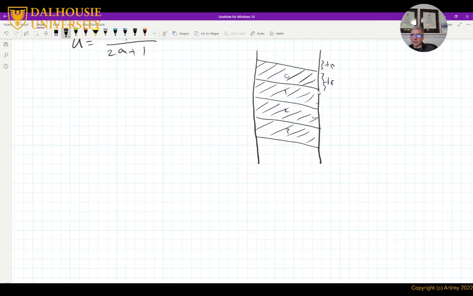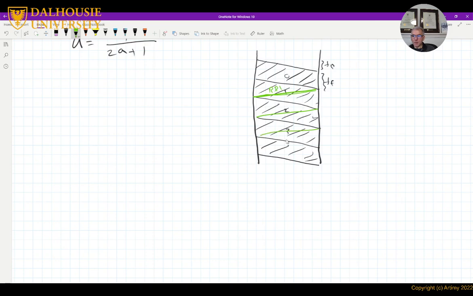But the acknowledgement here is sent, let me choose a different color, so the acknowledgement comes back here. So when the acknowledgement comes back for, let's say, RR1, the transmitter can send more frames and the acknowledgement comes back.